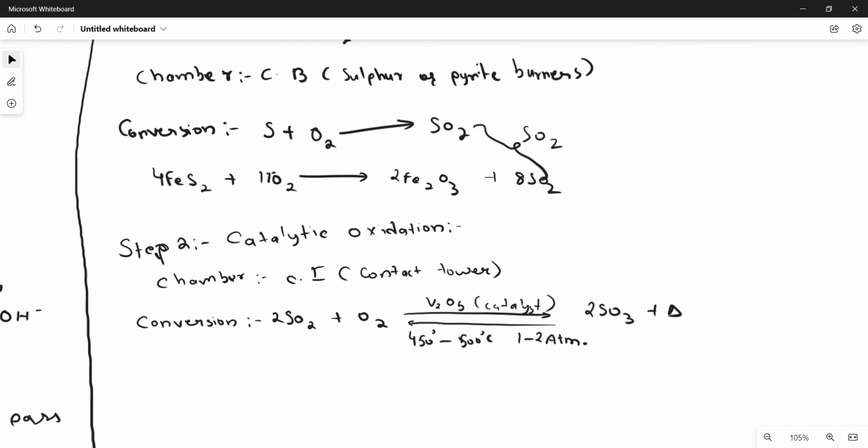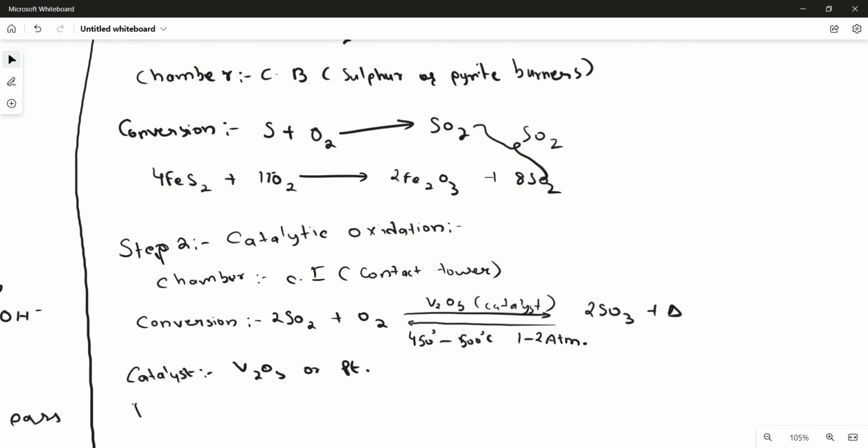Whew, quite a mouthful. So the catalyst is vanadium pentoxide, or it can also be platinum. So let's write that down. Catalyst: V2O5 or platinum.